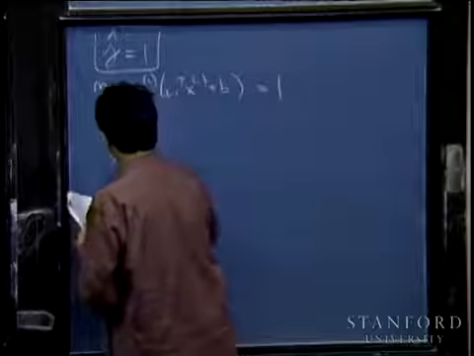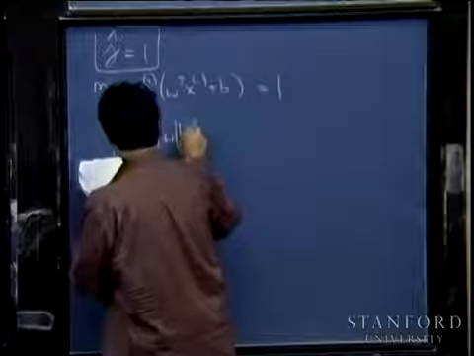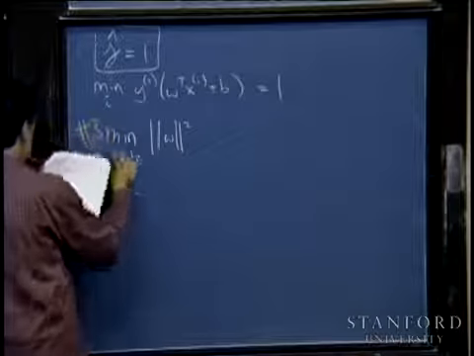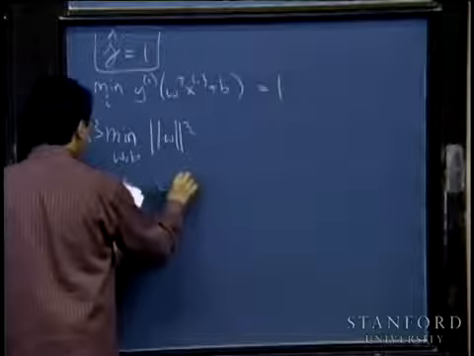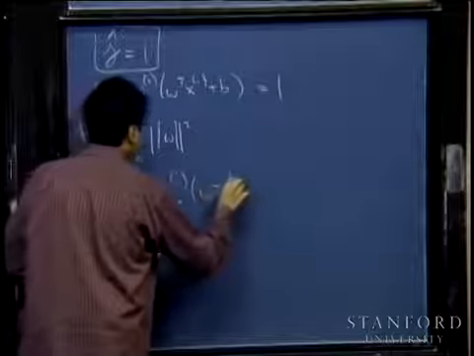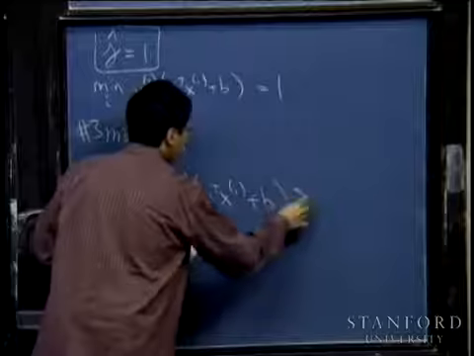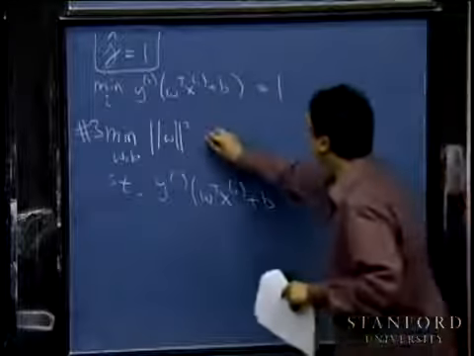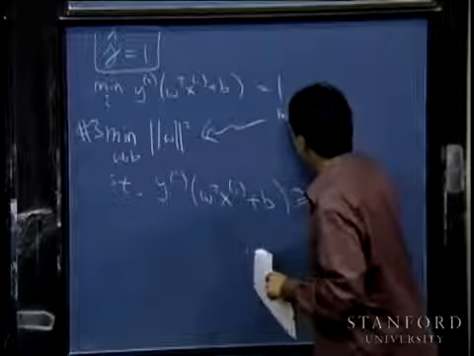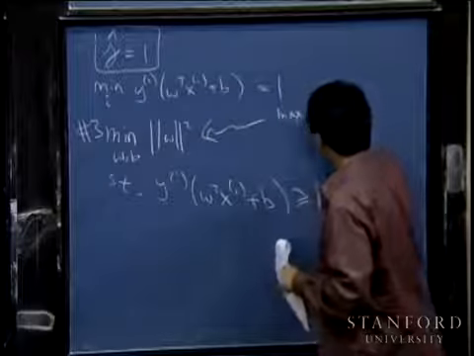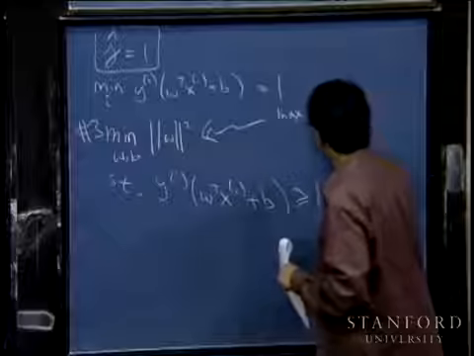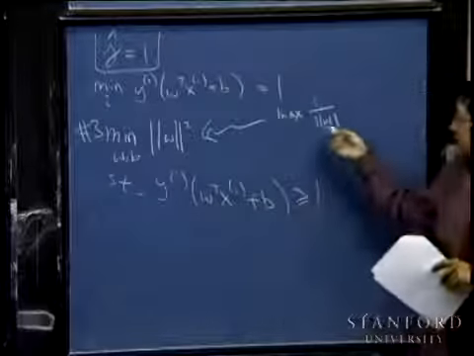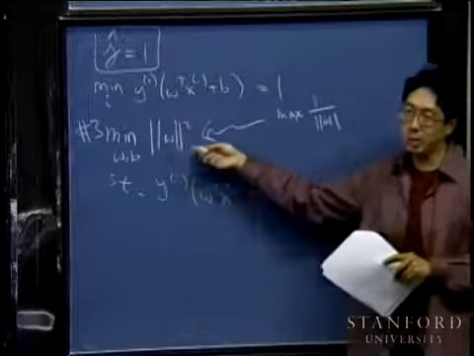Min over W and B. I guess previously we had a maximization over gamma hat divided by the norm of W. So let's maximize 1 over the norm of W. But that's the same thing as minimizing the norm of W squared, right?